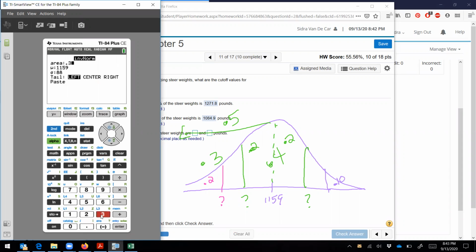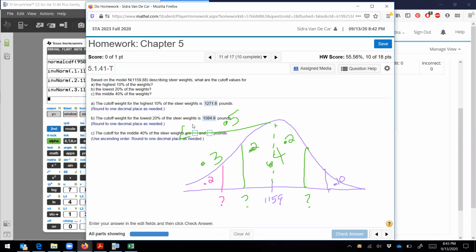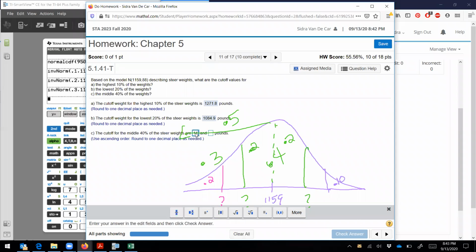So 0.3 on the left, and that's 1112.9. And then this is 0.5, and then 0.2 more is 0.7 on the left to get to this value.